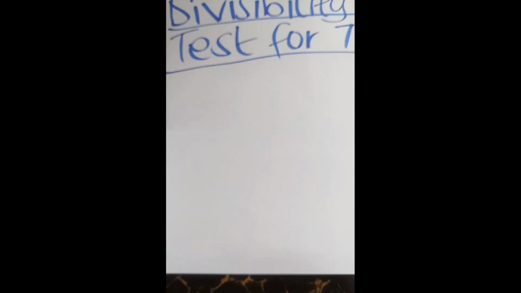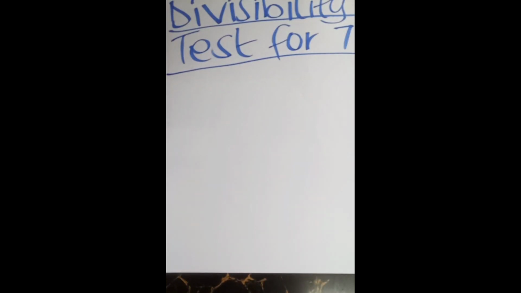And if you have a big number, all you need to do is repeat the process until you get a smaller number that you know for sure is divisible by 7, okay? So let's look at some examples for the sake of clarity, okay?